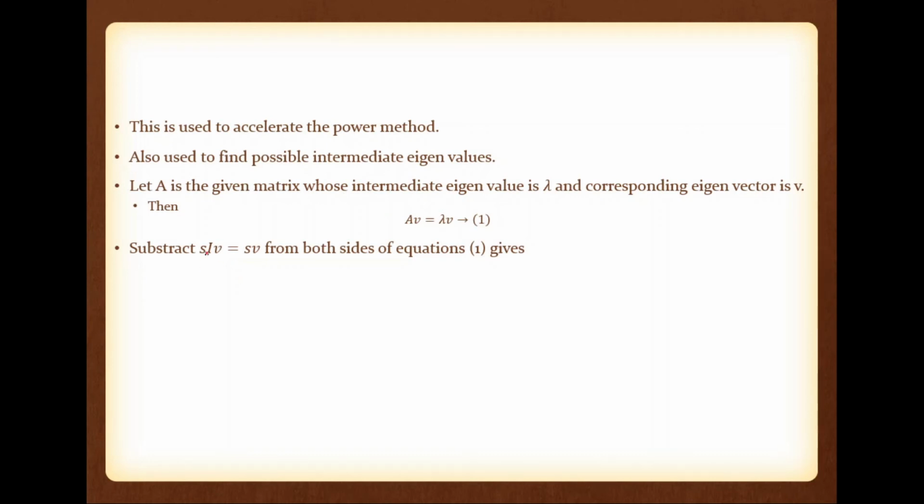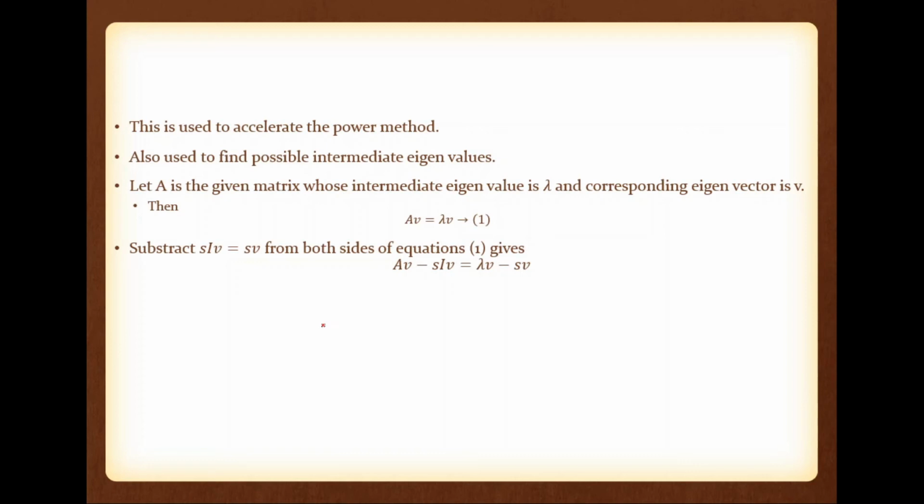So from the left side I am subtracting SIV, from the right-hand side I am subtracting SV, both are the same actually. So equation number 1 gives AV minus SIV is equal to lambda V minus SV.